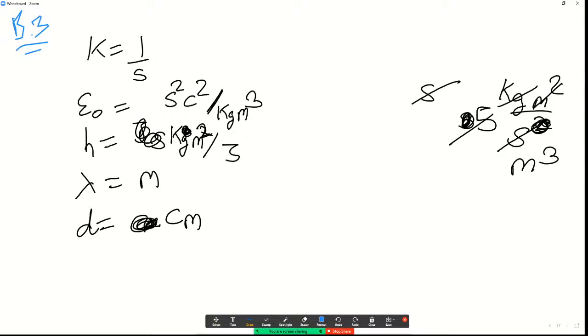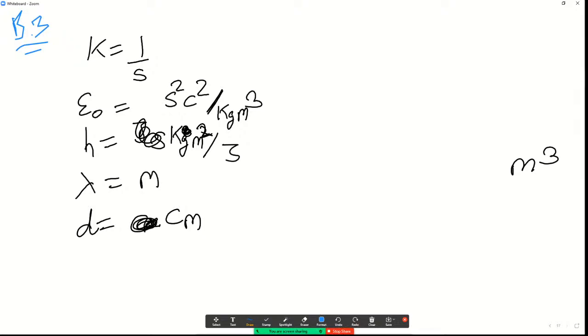So what are all the units? My second is cancelling out. But it shouldn't. I guess I have done a calculation mistake in that part only.